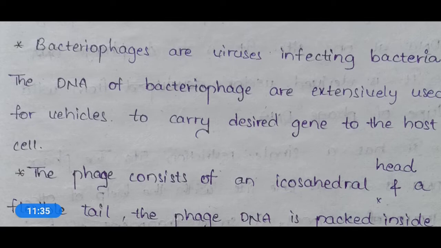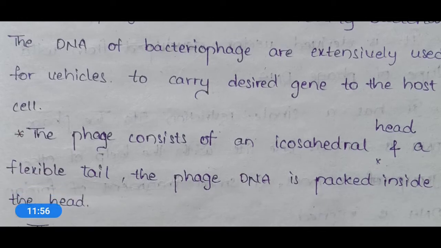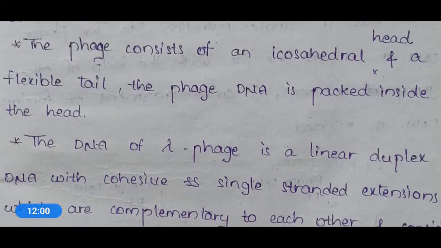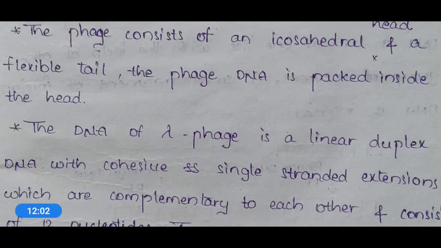And these phages have an icosahedral head with the genetic material packaged. The best example for a bacteriophage vector is lambda phage vectors. These lambda phage vectors are linear duplex DNA. That means these are not circular, these are in linear form.